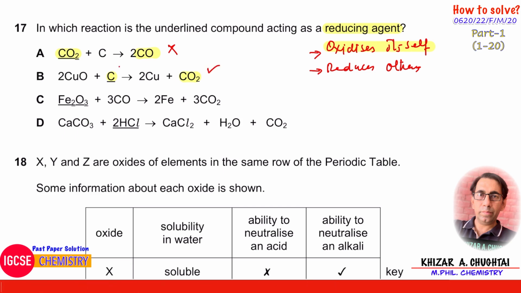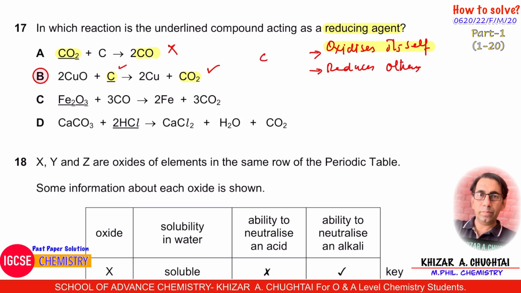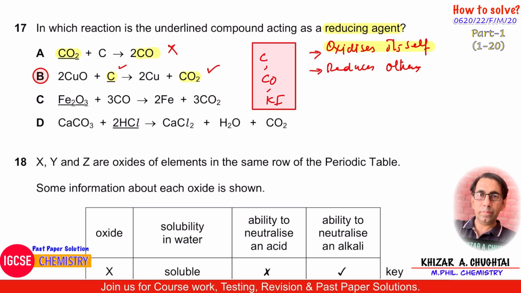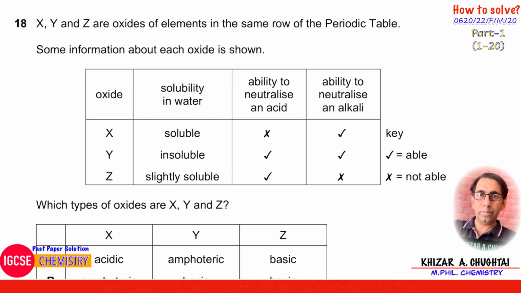In this case, carbon is acting as a reducing agent. So B option is the correct option. Carbon, carbon monoxide and potassium iodide are the famous reducing agents as far as the level of IGCSE syllabus is concerned.